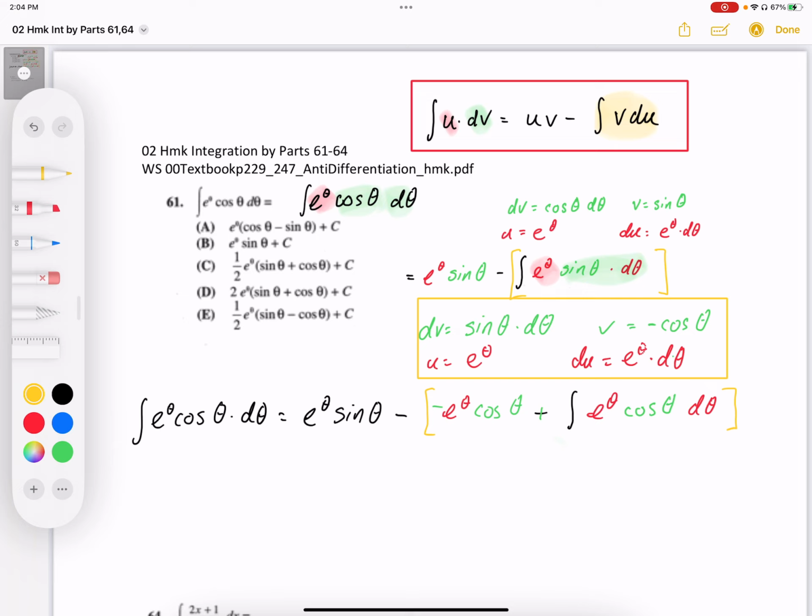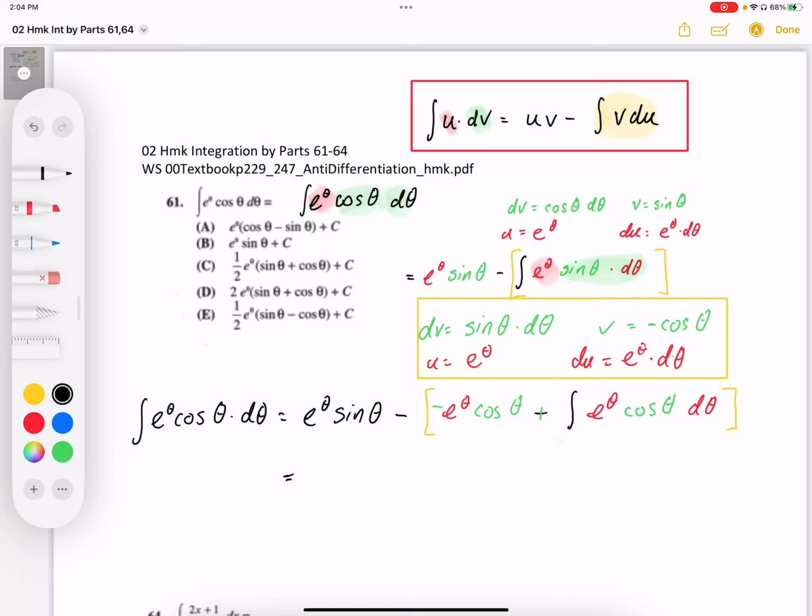Now, the problem is that I've run into the same integral as what I started with. That could seemingly be a problem, but actually it's a benefit because we're going to be able to write that expression on the left side of the equation, and we can solve this algebraically. So it looks like this.